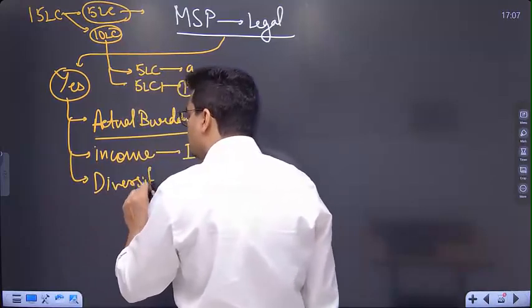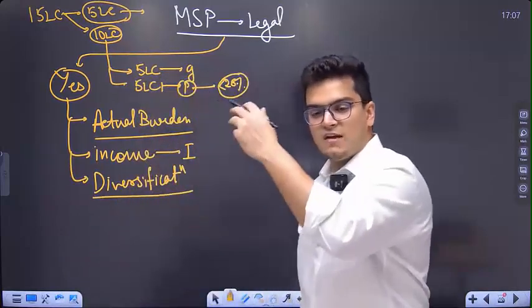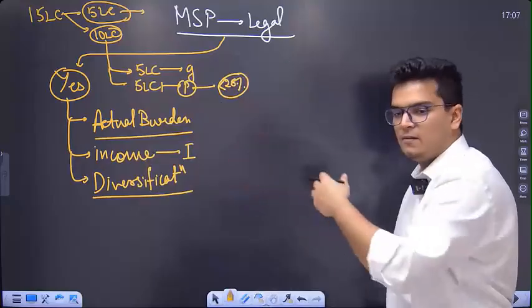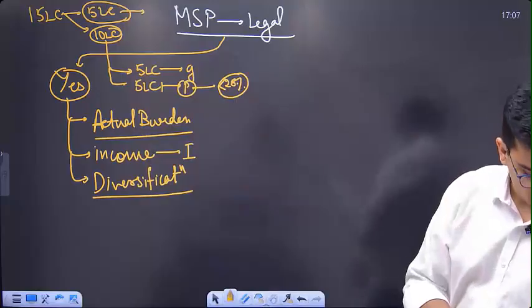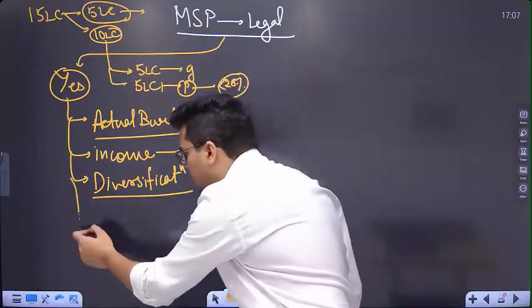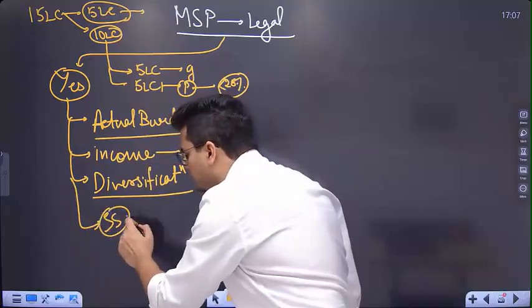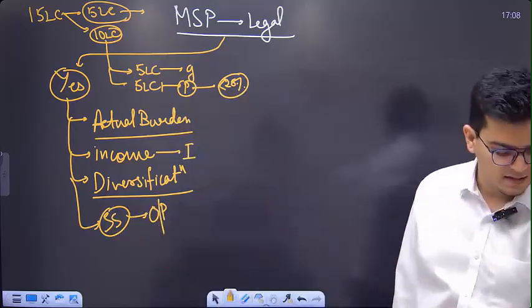How? Because now MSP is legal for all crops, so every single crop is going to have MSP protection. So people will not focus on rice and wheat alone. Then we can become self-sufficient with regards to oil seeds and pulses, because even for oil seeds and pulses there is going to be a legalized MSP.